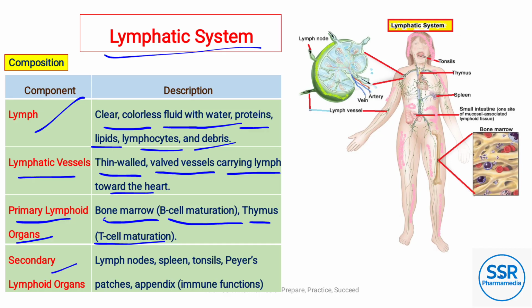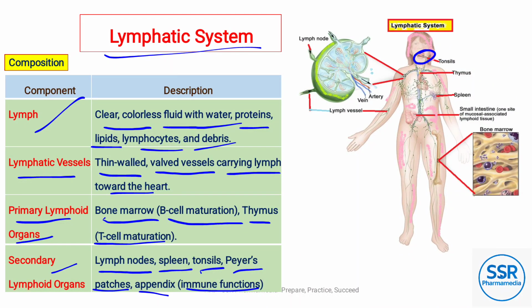Secondary lymphoid organs are present in lymph nodes, spleen, tonsils, Peyer's patches and appendix. So they are involved in immune functions.